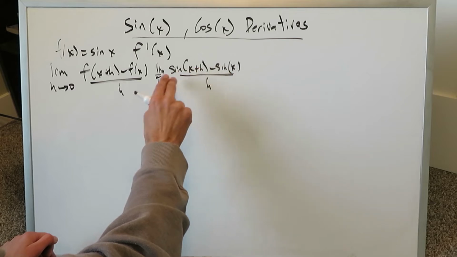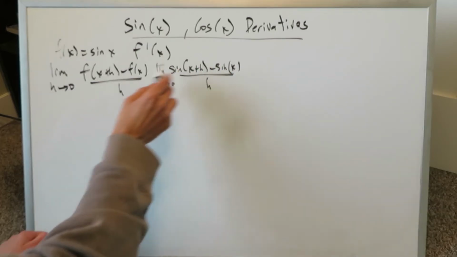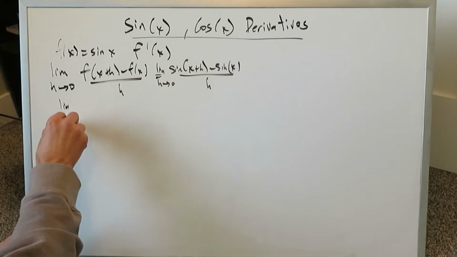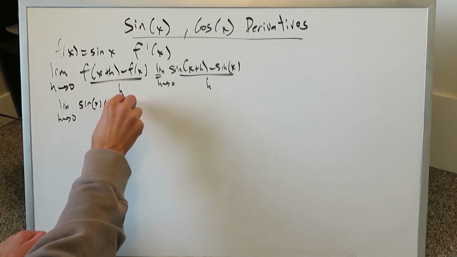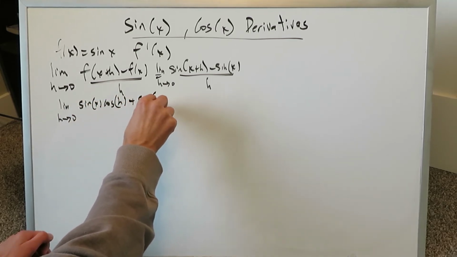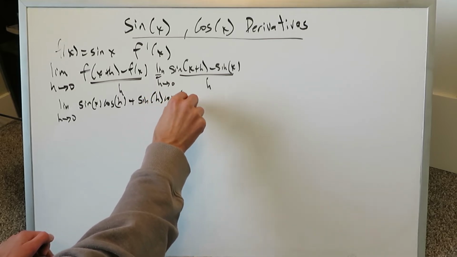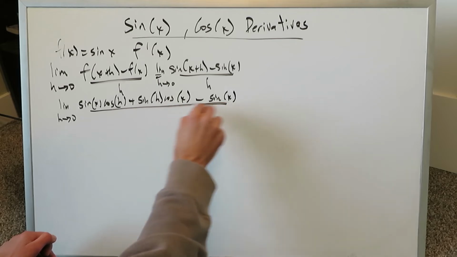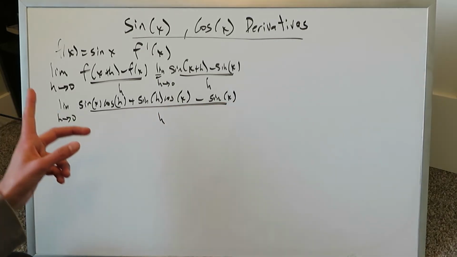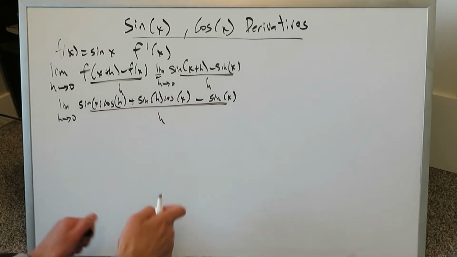You have to use the sum and difference rule for sine to open that up. You'll have limit as h approaches 0 of sine x cosine h plus sine h cosine x minus sine x, all over h. Remember that identity, the sum and difference formula for sine; you have to bring that identity into play.